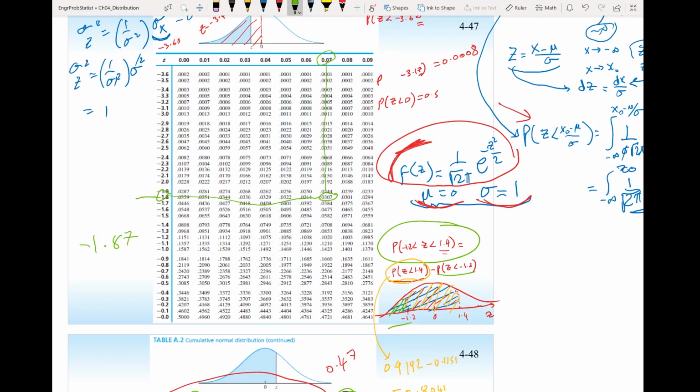But ours is minus 1.875, so the number is going to be between 0.07 and 0.08, between these, minus 1.88. So I can approximate it to be between these two numbers, and this will be 0.0304.